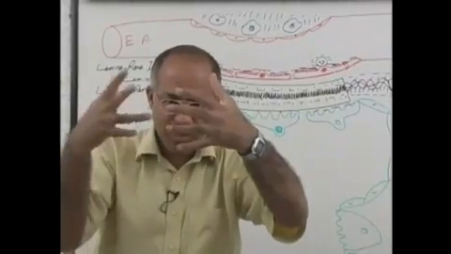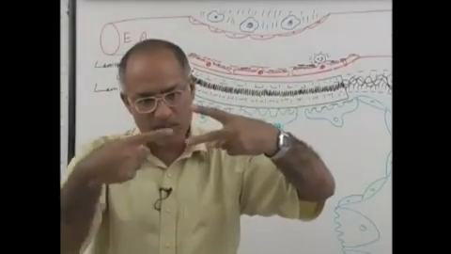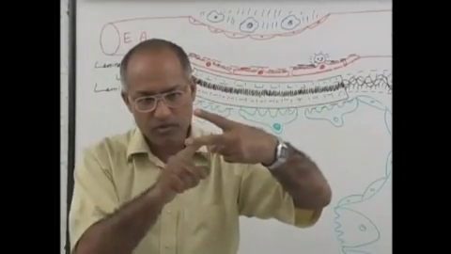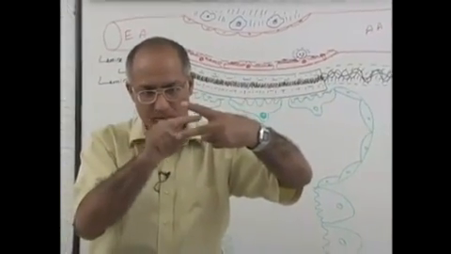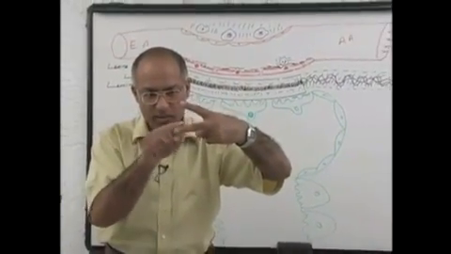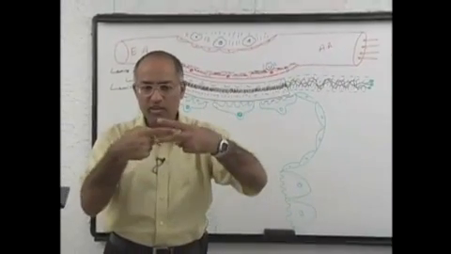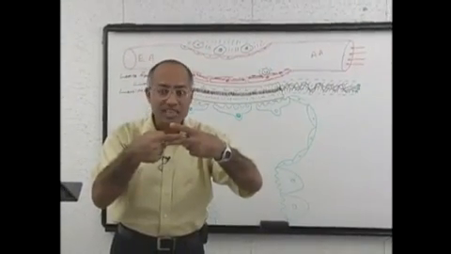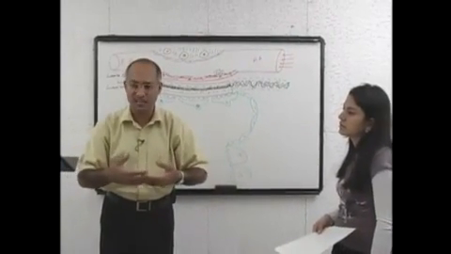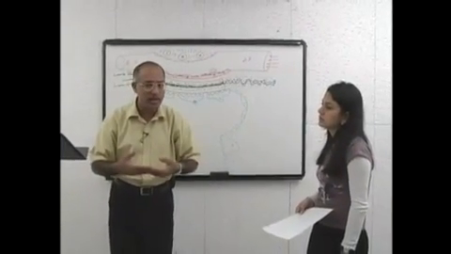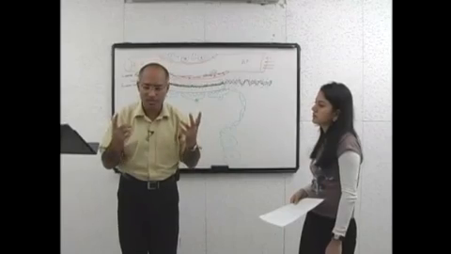For example, this is one finger, this is the podocyte from one cell, and this is from the other cell. There is one filtration slit here, and another filtration slit here. These slits present between the interdigitating foot processes of epithelial cells are called filtration slits.